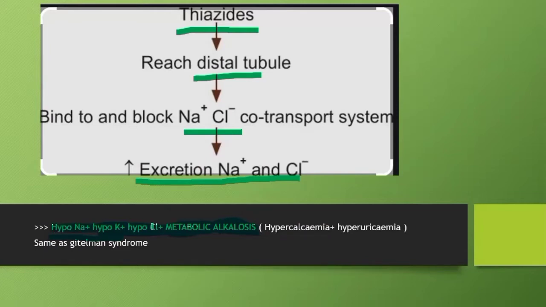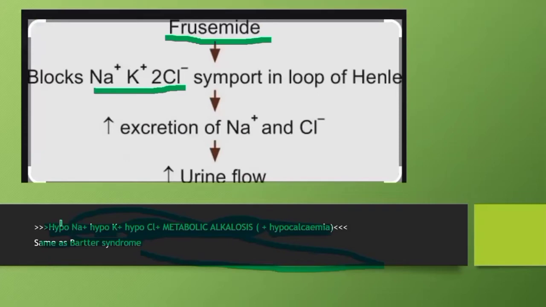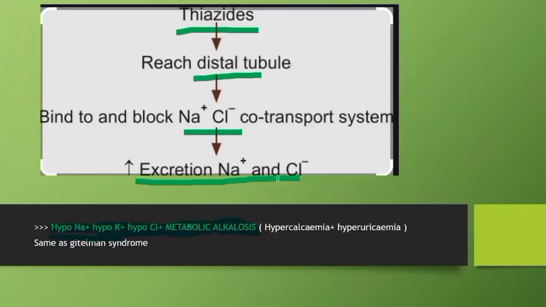Now, how will you differentiate between Gitelman syndrome and Bartter syndrome? Because in the previous slide itself, the biochemical picture is the same: hyponatremia, hypokalemia, hypochloremia with metabolic alkalosis. The difference is that in case of use of thiazide or in case of Gitelman syndrome, there will be hypocalciuria, hyperuricemia, along with that there will be hypomagnesemia.